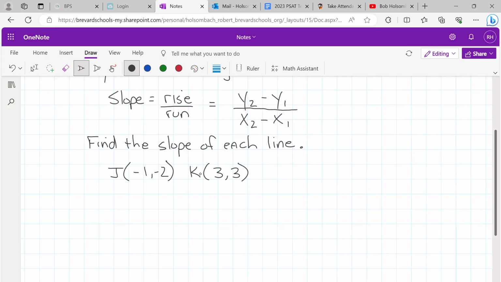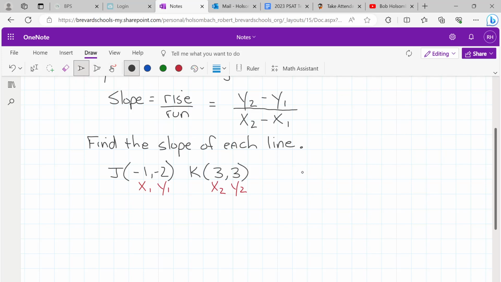So we're going to take these values and we're going to substitute them into our slope formula. But what I'd like you to do first is to label the points. So point J has an X sub 1 and a Y sub 1. And then point K has an X sub 2 and a Y sub 2. So now we can find the slope of this line.